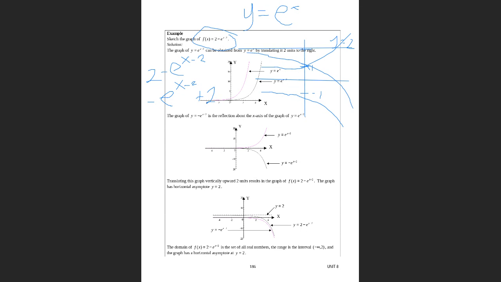So it's the same as what we know about normal exponential functions. Once you know the original function, you can always translate the original function to get other functions.